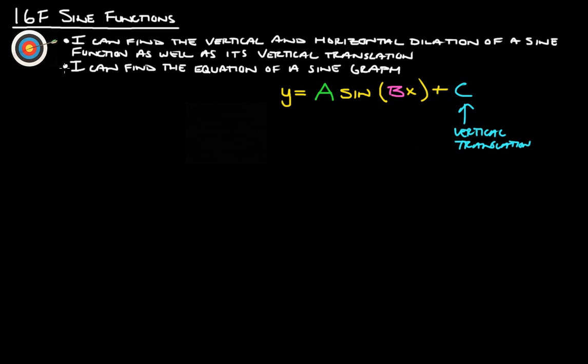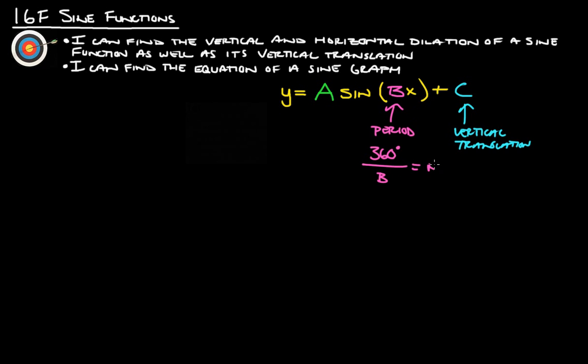The b here, if you'll remember, affects the period. What this b actually does is you take the normal period for sine, which is 360 degrees, and divide by b, and this gives you the new, revised period.